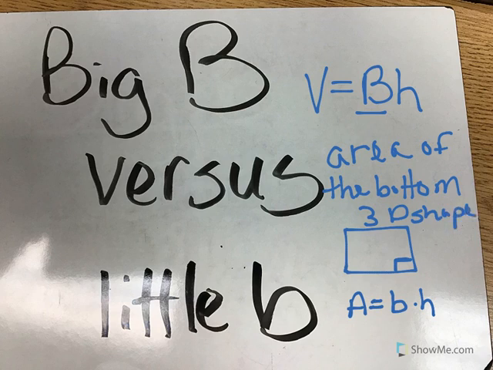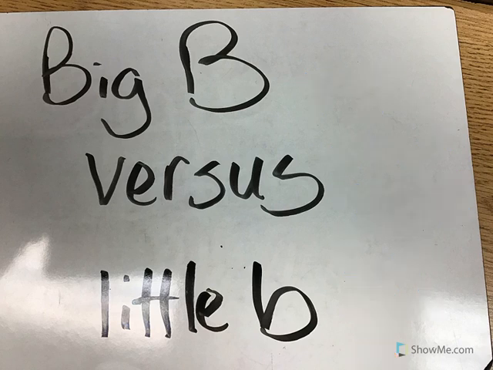Lowercase b is usually the bottom line of a 2D shape, and it's usually, not usually, I shouldn't say that, it is attached to a right angle. Lowercase b is the bottom line of a rectangle, of a triangle, and it is always attached to that right angle. Okay, I'm going to erase this. So again, big B, area of the bottom shape.